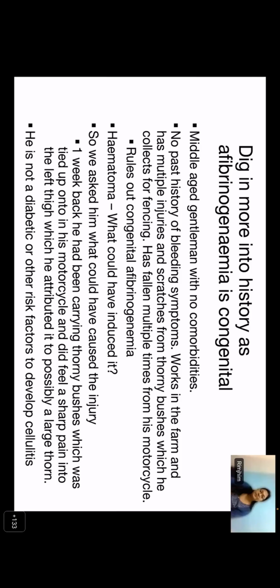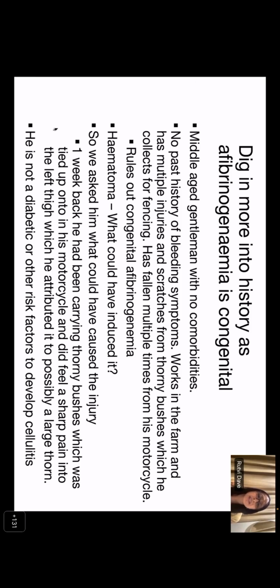So now what could have caused such a huge hematoma? We probed more into the history and asked him to recall what could have possibly caused it. On further probing, he says that 1 week back, he had been carrying thorny bushes tied onto the motorcycle, and he felt a sharp pain in the left thigh, which he attributed to possibly a large thorn, but he can't remember clearly.